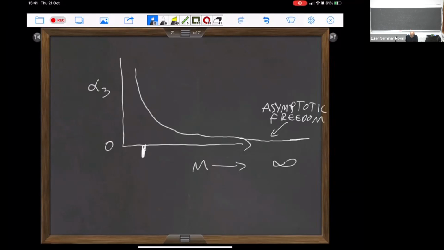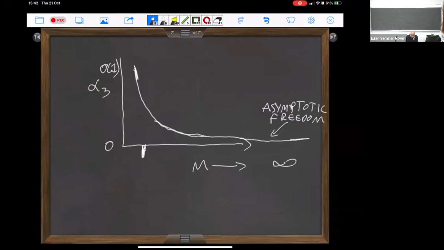But at lower and lower energies, alpha starts getting stronger to a point where we can't even calculate it anymore. So it becomes kind of order 1. And if you get alpha of order 1, it means you can't use Feynman diagrams anymore to calculate stuff.